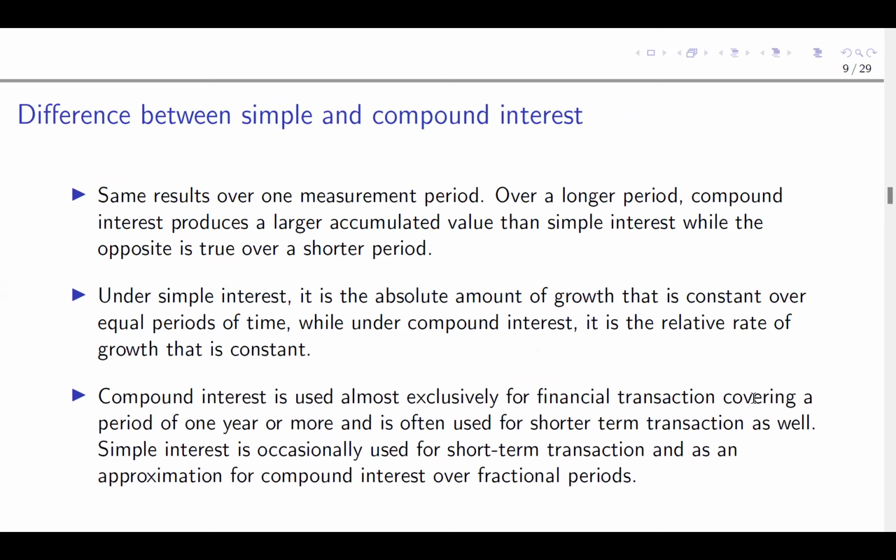But if it's more than a period of 1 year, then you earn more under compound interest, but less under simple interest. Because if you are considering more than 1 year, then interest earned within the first year will earn an interest and so on. But simple interest doesn't earn any interest. It's only the principal that keeps earning interest over the periods.